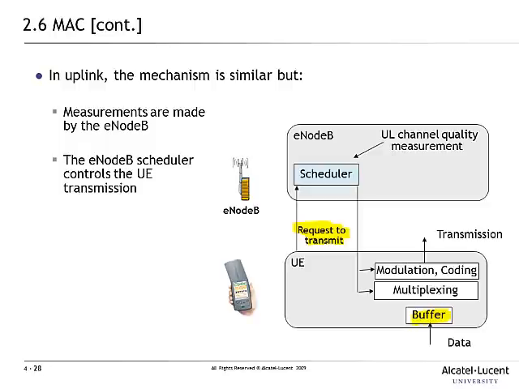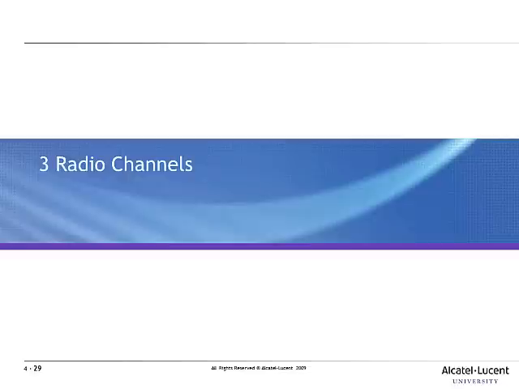Based on the uplink channel quality measurements and information such as the amount of data that's sitting in the buffer, it will decide which resource block should be allocated to which UE, and also the modulation and coding scheme that's going to be used on every resource block. Okay, that's a quick introduction to the various protocols that we have.